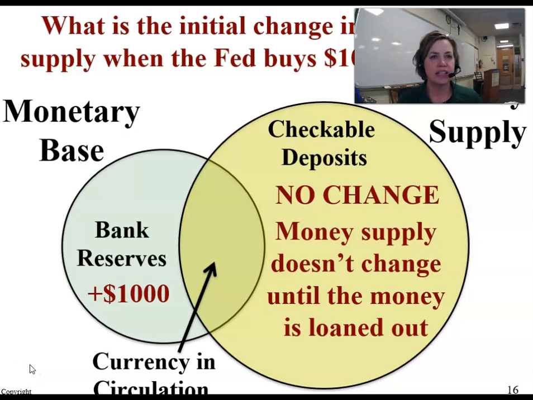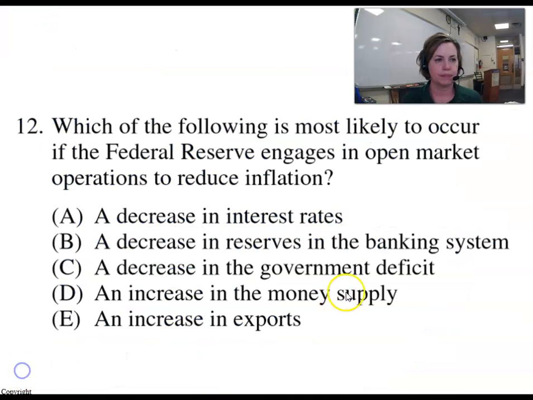So what is the initial change in the money supply when the Fed buys $1,000 of bonds? Checkable deposits, demand deposits do not change. The money supply does not change until the money is loaned out. Bank reserves increase by $1,000 through that Fed transaction.